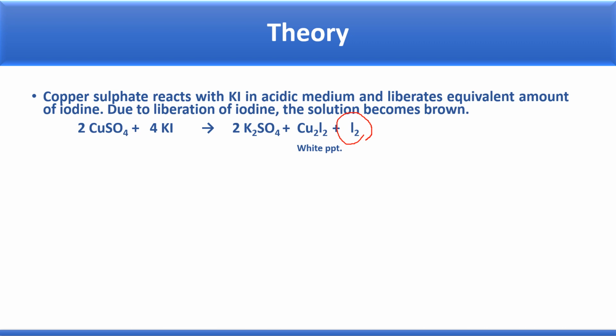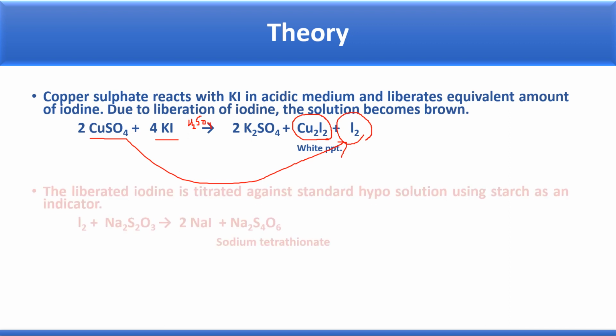So you must remember, whenever potassium iodide is added to the copper sulfate solution in acidic medium, the copper sulfate always liberates an equivalent amount of iodine and a white precipitate of cuprous iodide is formed. But we know iodine is brown in color, so due to the liberation of iodine, the solution becomes brown.